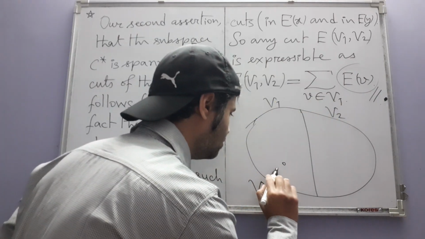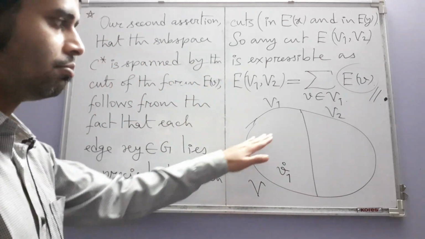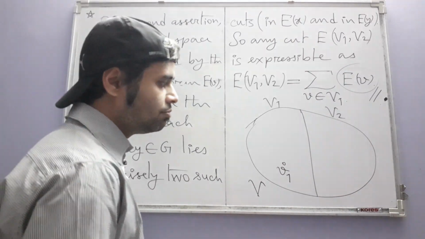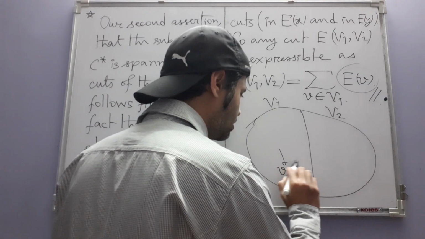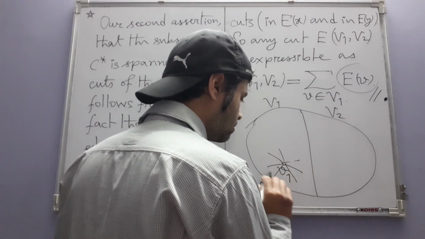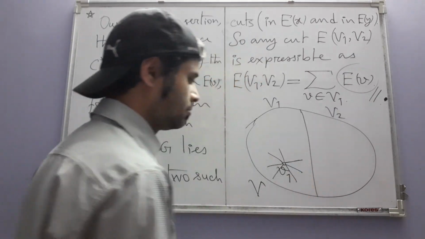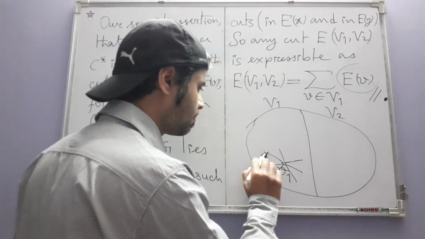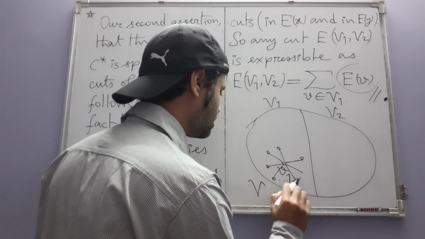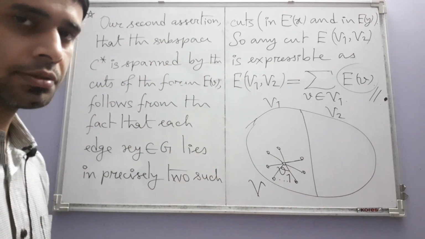So let us choose one v here. Say we call it V1, because we will have to consider another one. Then what is E of V1? E of V1 is precisely the set of those edges in the graph that are like this. Some edges are there. This is E of V1, the set of these edges.